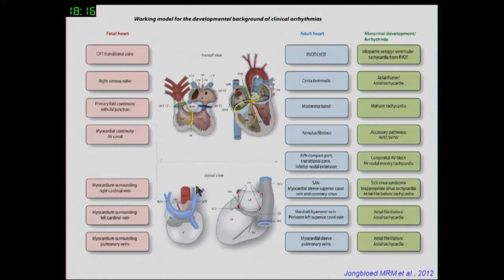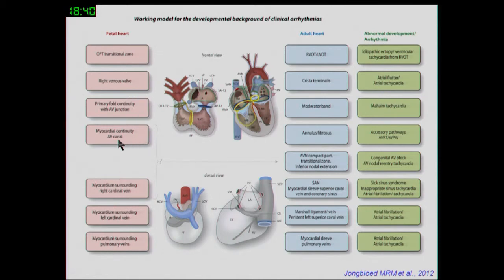This schematic drawing shows a working model for the developmental background of clinical arrhythmia in the child and adult. Selected clinical arrhythmias are frequently observed at anatomic predilection sites, which may be related to the embryonic development of the cardiac conduction system.